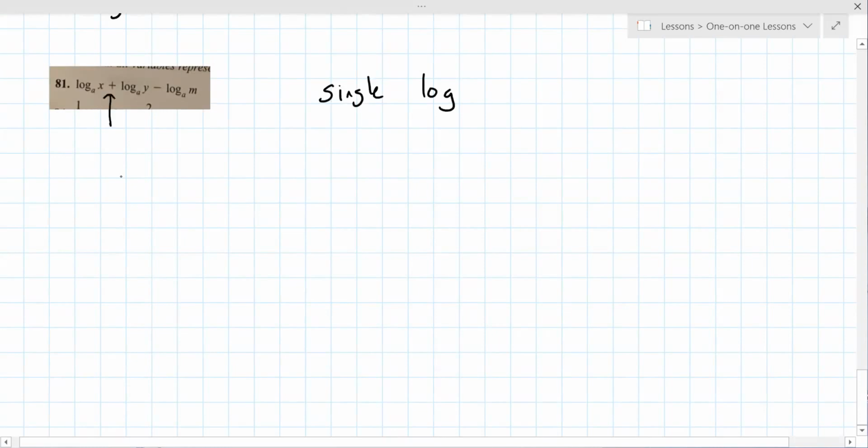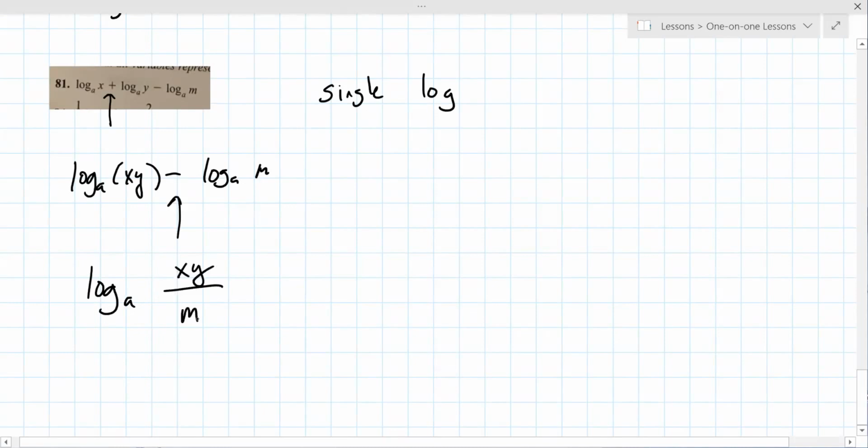Because this is a plus, it becomes multiplication, a product. Because this is a minus in the middle, it becomes a quotient. And like I said, the answer is a single log. It has to be. That's the nature of these questions.